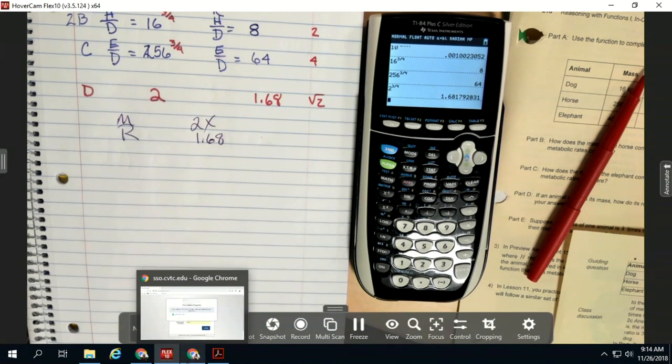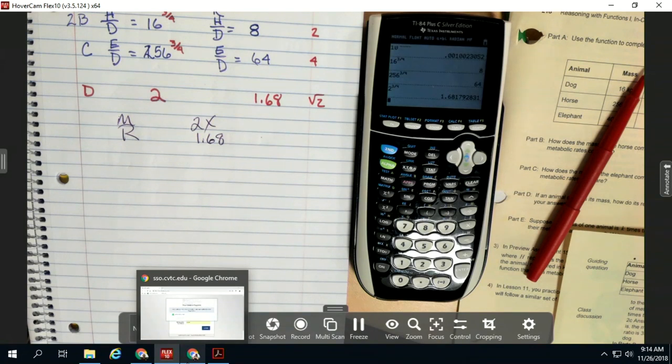If you have a person that weighs twice as much as another person, their caloric intake would only be 1.68 times as much. Okay? So while you have to eat more food if you weigh more, you don't have to eat twice as much food.